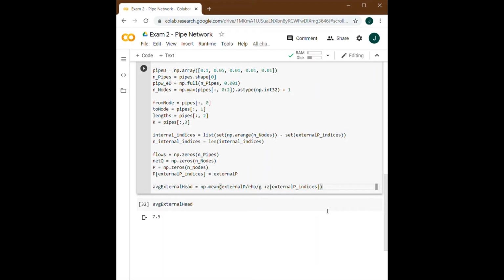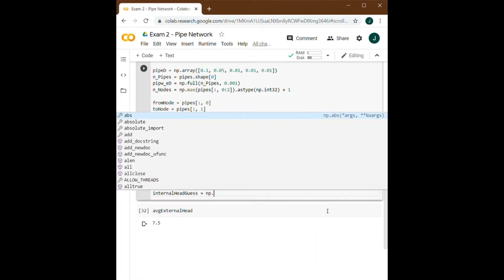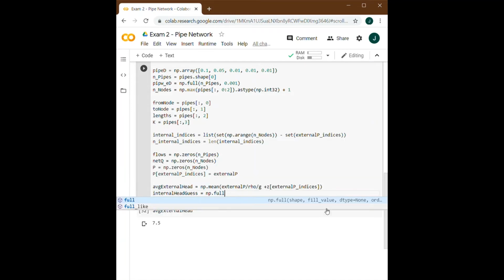So what we're going to do is use that 7.5 to create an internal head guess. So we're going to do MP full.